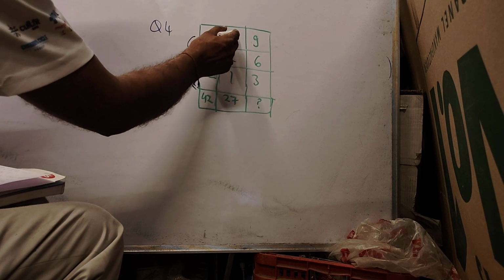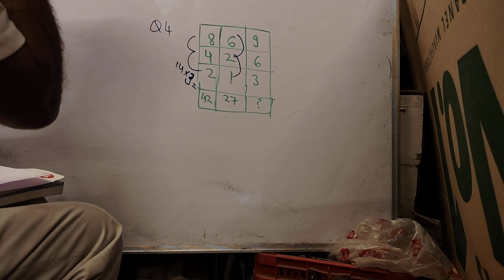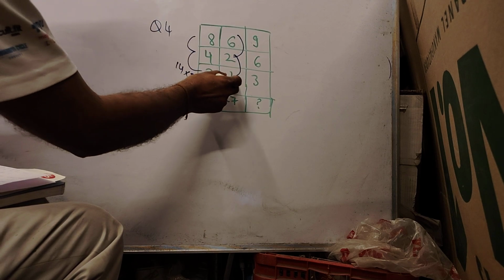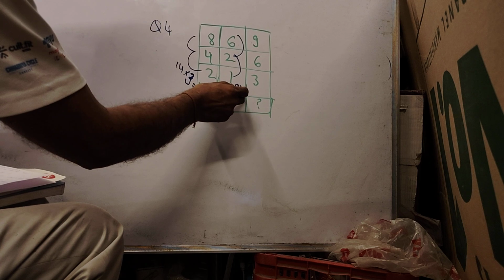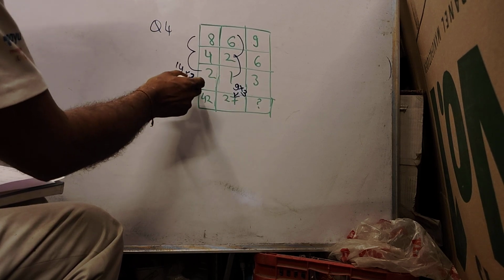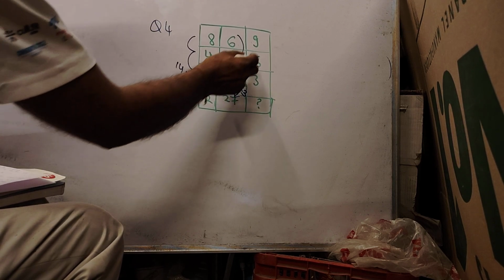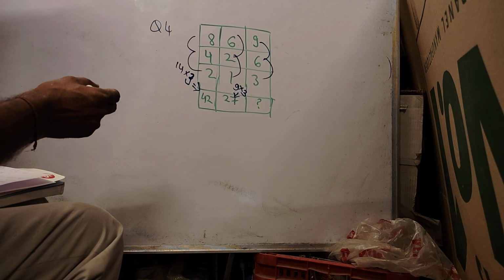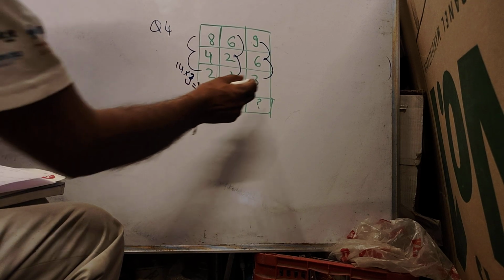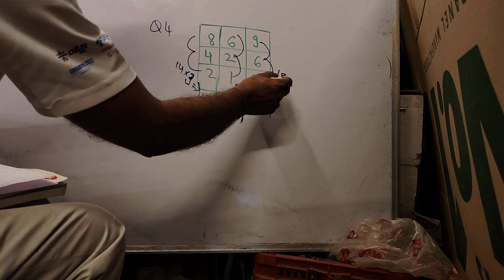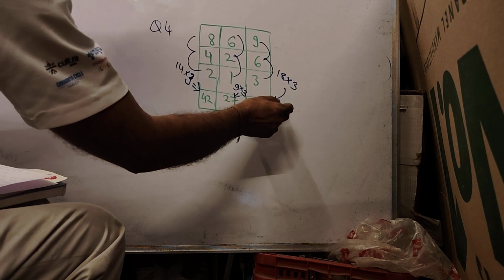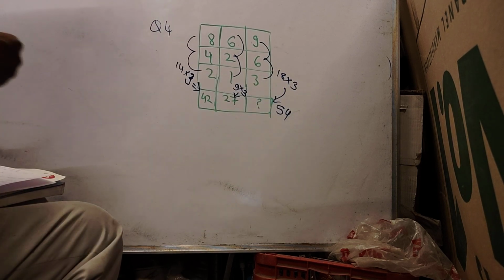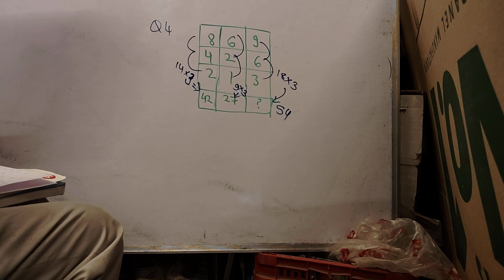Similarly, if you do 6 plus 2 plus 1, that equals 9. So 9 times what equals 27? That is 3. Correct. So that means we have to add 9 plus 6 plus 3, which is 18. So 18 times 3 equals 54. Correct.